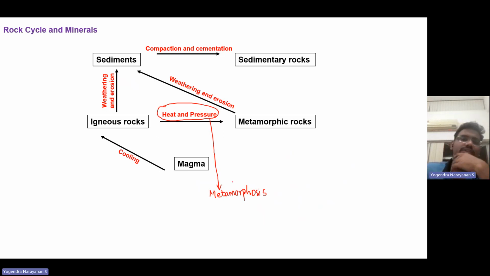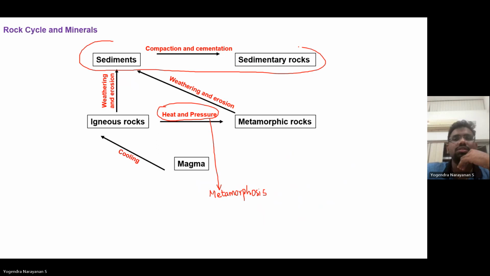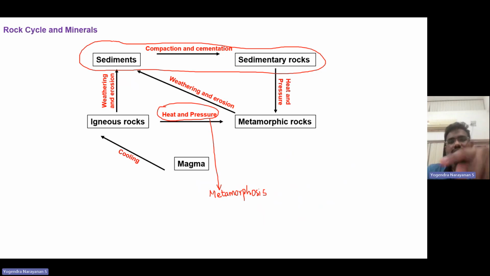So here is the aspect which was asked in the question, whether rocks can be formed from soils. This answers our question: rocks can be formed from soils. Further, these sedimentary rocks undergo heat and pressure, undergo metamorphosis, forming metamorphic rock, and this cycle may continue.